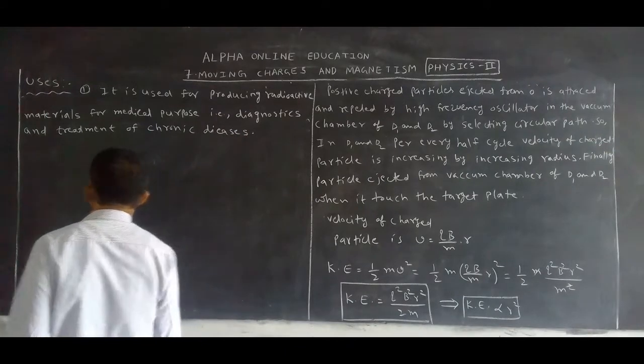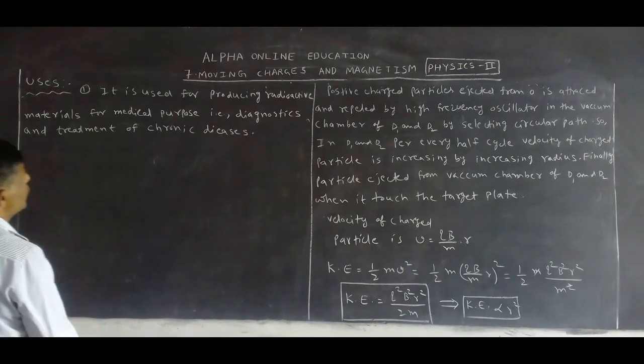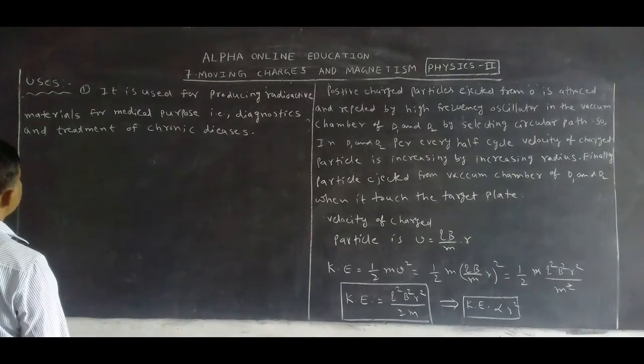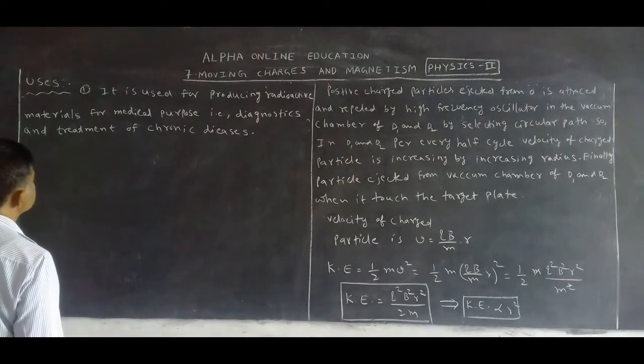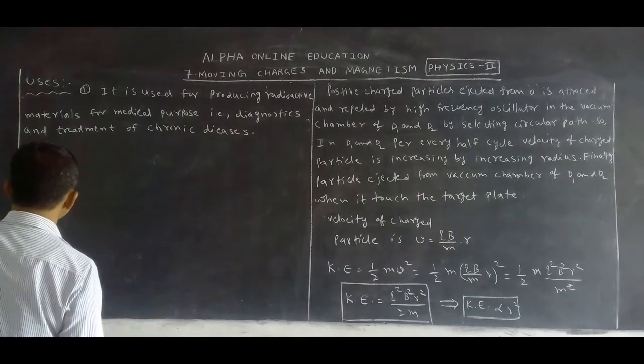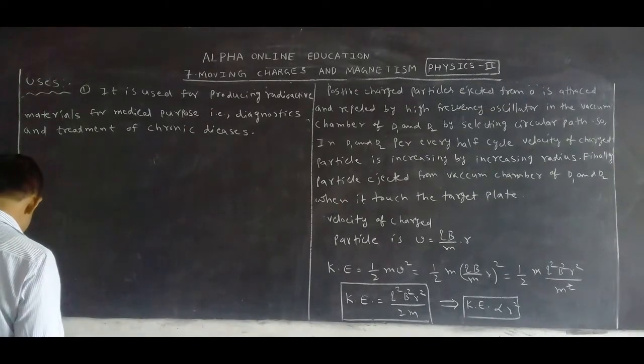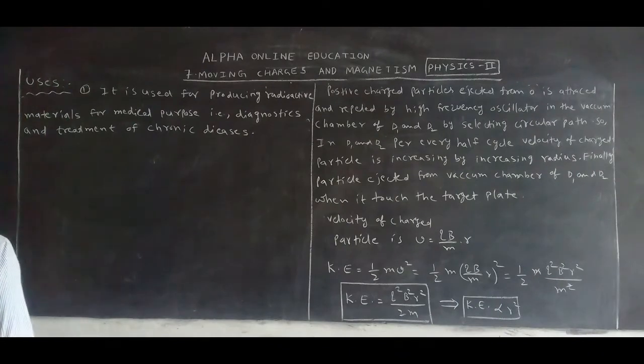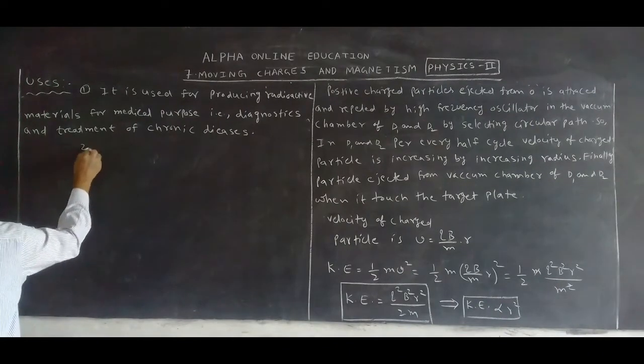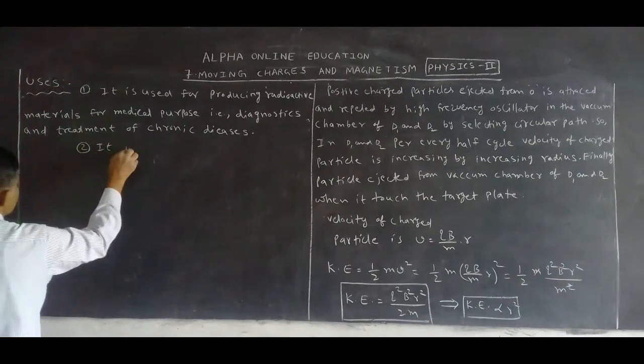Chronic diseases means it is used for producing radioactive material for medical purpose, that is diagnosis and treatment for chronic diseases like cancer.